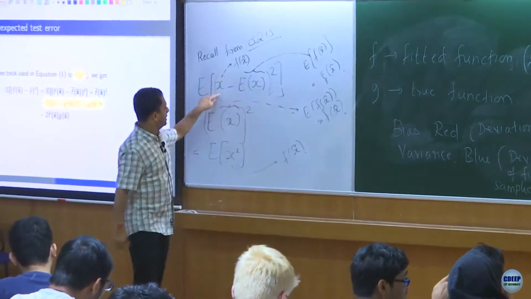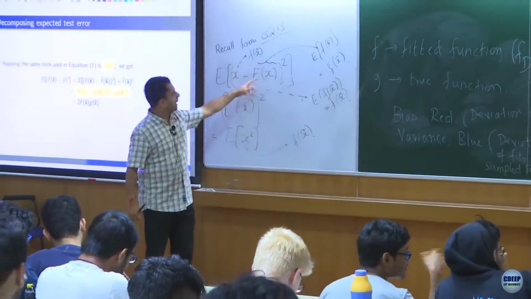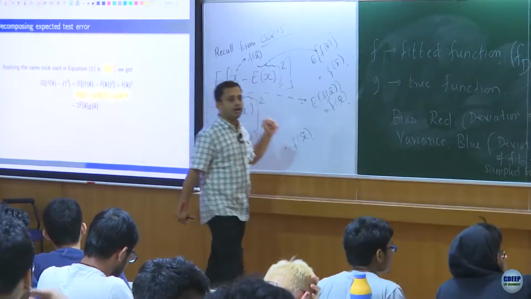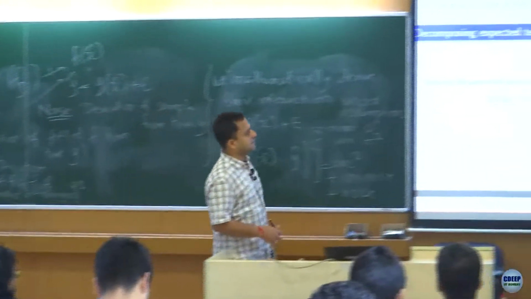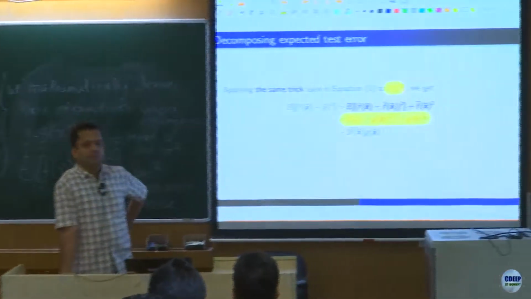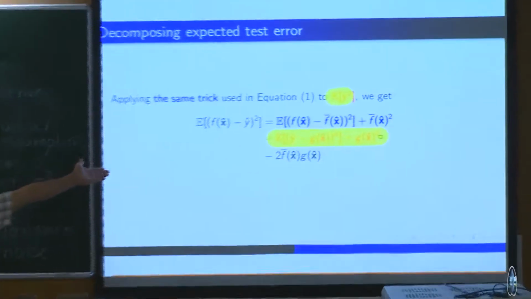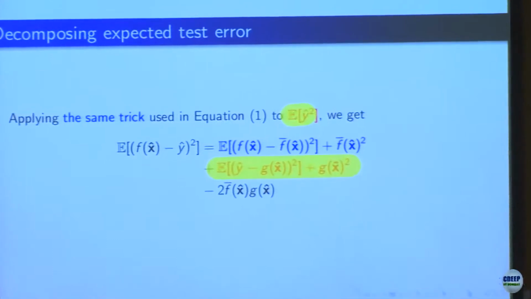And then what is the expectation there we are talking about? It is just G of x hat, the same thing I explained in the previous slide.